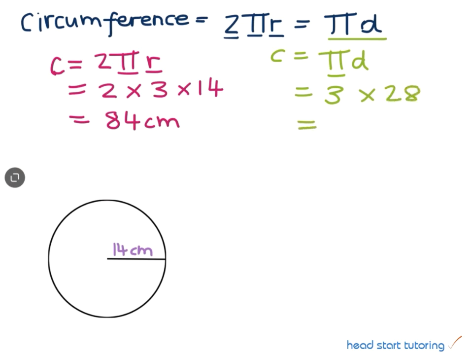And 3 multiplied by 28 gives us an answer of 84. And again, we have our answer in centimeters. Remember that when we are working with circumference or perimeter, we never have measurement squared. It is just our simple measurement to the power of 1, or just the normal measurement.